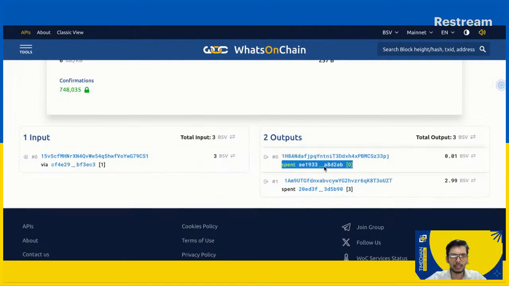These outputs are also called unspent transaction outputs. Though this one is right now not unspent, because you can see here it was spent in a future transaction as input number one. So it got spent, but when you pay someone and it's not spent yet, the bitcoins are held in unspent transaction outputs, also called UTXOs.